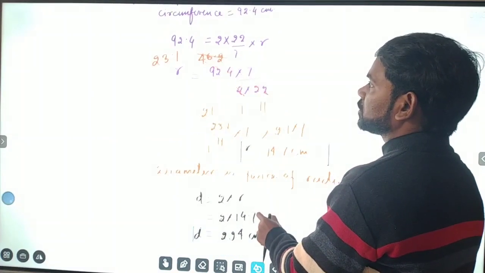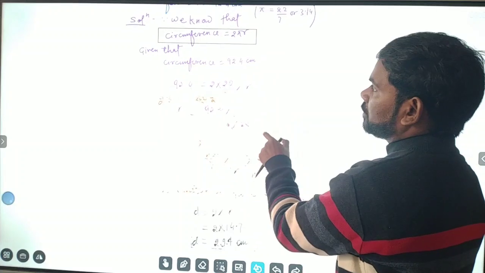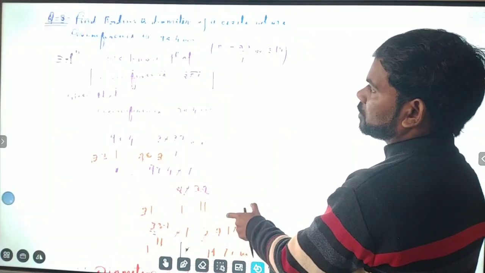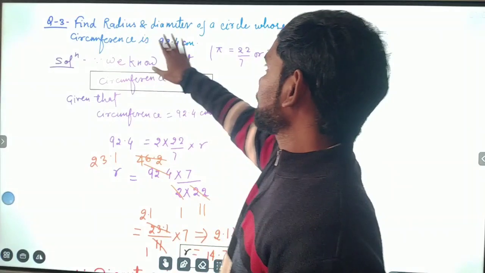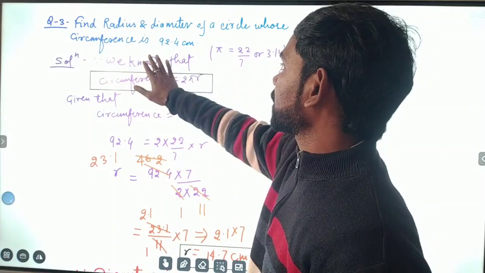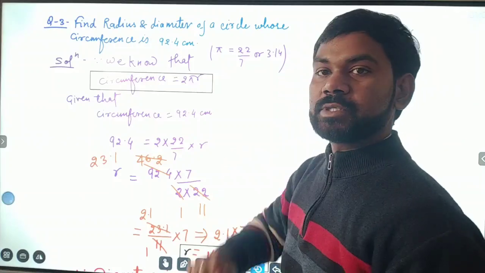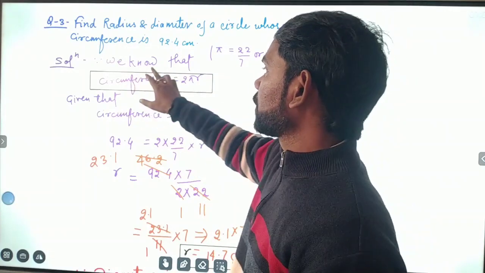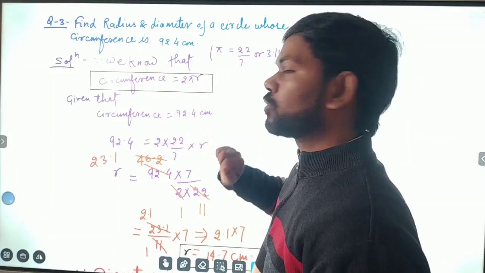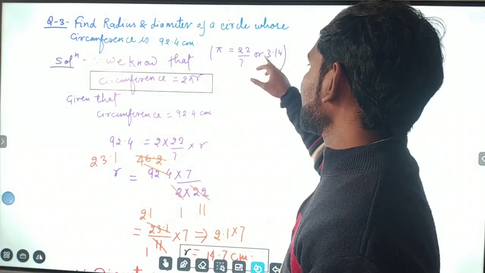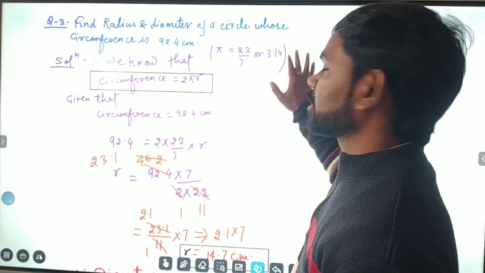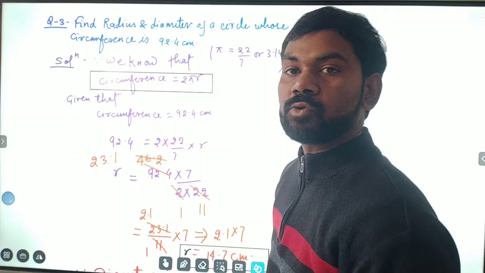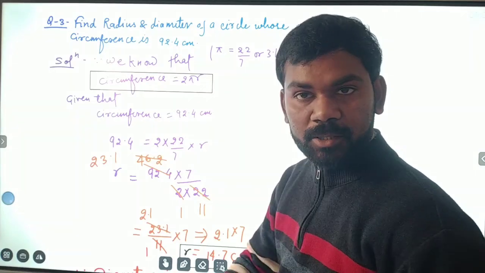Now let's revise this solution once again, and we have completed our solution. So the question is that find the radius and diameter of circle of circumference 92.4 centimeter. In the solution, first of all, we know that circumference is equal to 2 pi r, and the value of pi is 22 upon 7 or 3.14. Also given that circumference is equal to 92.4 centimeter. Is that clear?